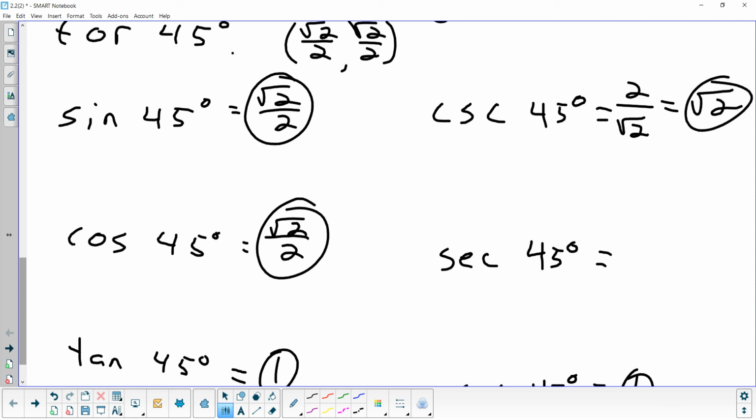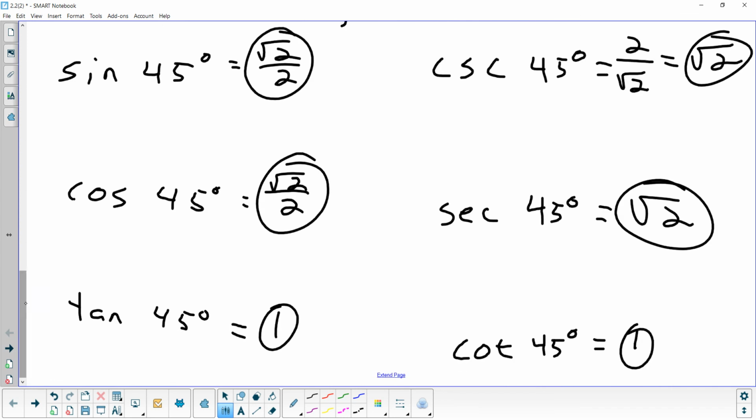So square root of 2. And then the sine is the same as the cosine is the same as the secant. So those are the 6 trig functions for 45 degrees. Any questions on that?